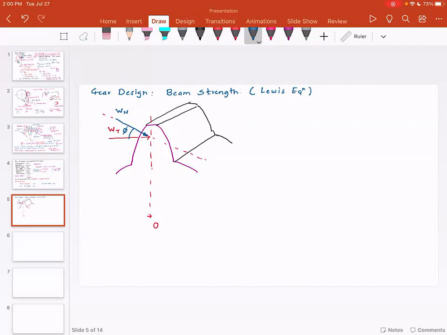Since you have a force at an angle phi, you are going to have a force which is perpendicular. This is called the radial force, WR. So we have three forces. WT is the tangential force, WN is the normal force, and WR is the radial force.